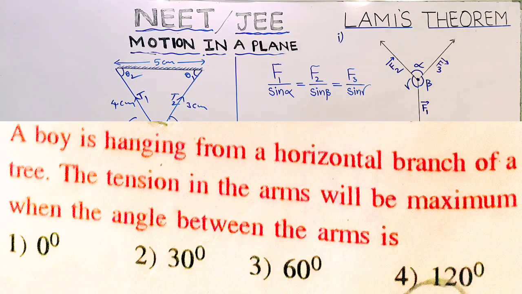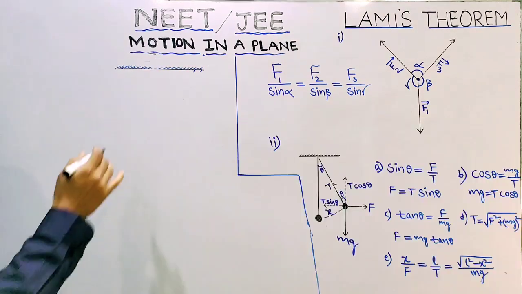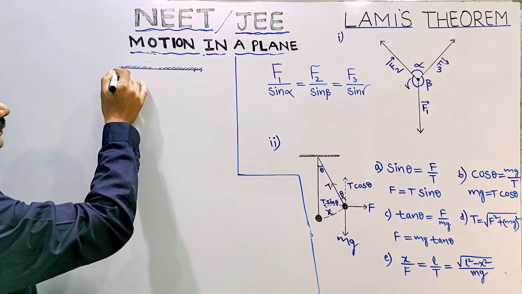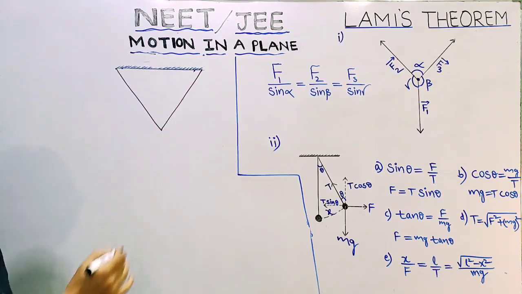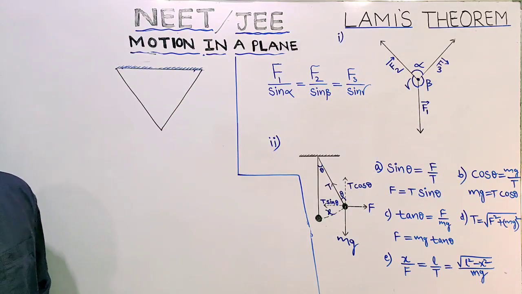A boy is hanging from a horizontal branch of a tree. The tension in the arms will be maximum when the angle between the arms is? The boy is hanging with the help of his hands.